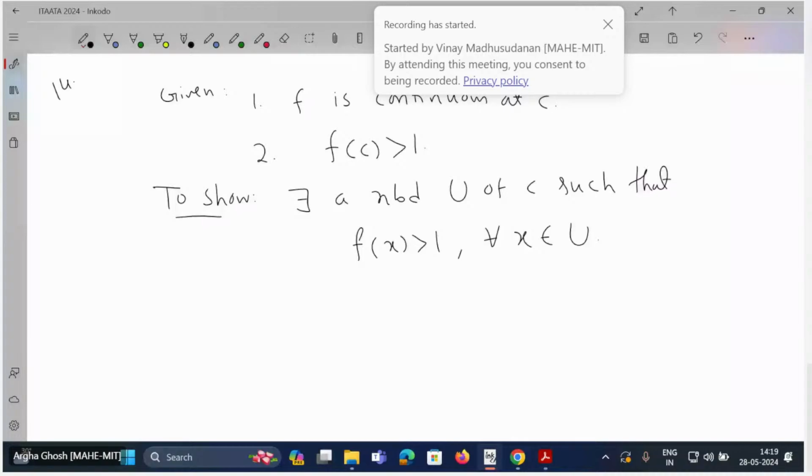Any idea how to approach? Use the epsilon delta definition.